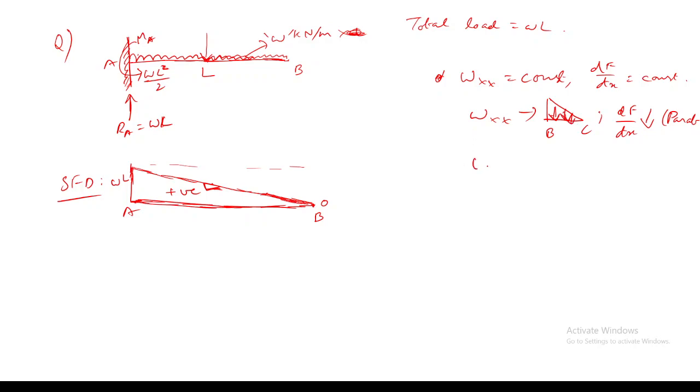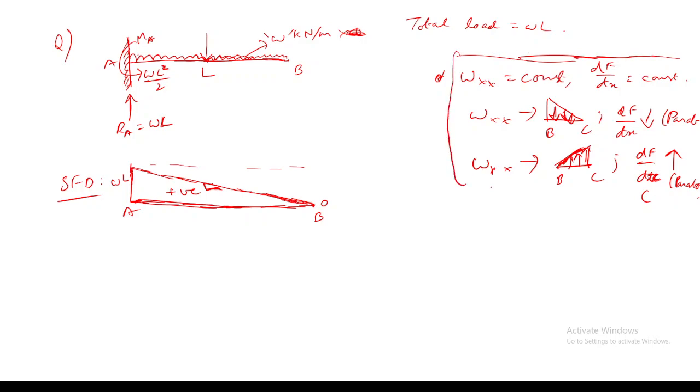And if the loading diagram is increasing from B to C, then the slope should also increase, and here also it should be a parabola because at each cross section the loading changes. Based on all these three things you can draw the shear force diagram.